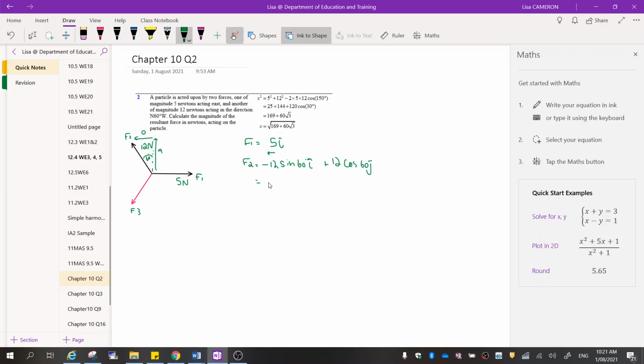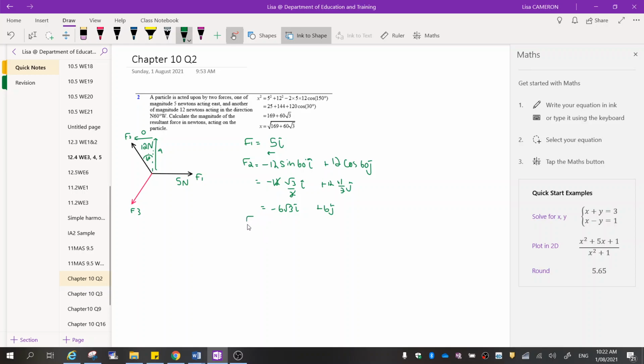Okay, so now we can simplify this further. Sine of 60 degrees is root 3 on 2 using our hand trick, which simplifies to negative 6 root 3 i. And 12 cos of 60 is a half, meaning this will be plus 6j.